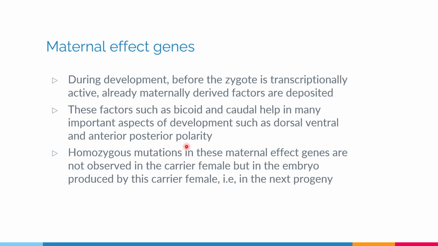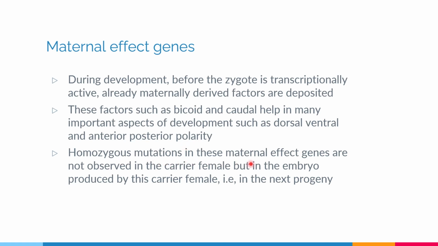These also help in production of various other proteins such as Oskar, which help finally in giving rise to the final polarized embryo. So the asymmetry is produced by these factors themselves.